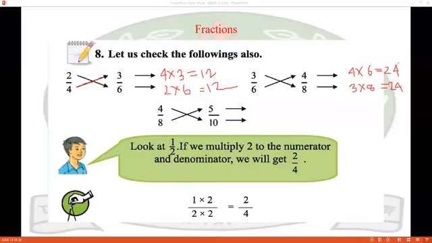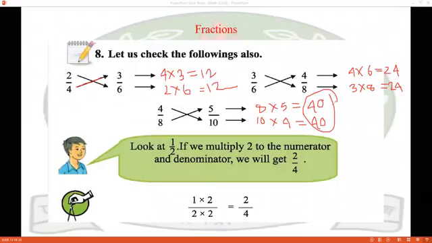So the two values are equal, so the two fractions are equivalent. In the third fraction, we have to multiply 5 and 8. So 8 into 5, we get 40. When we multiply 4 into 10, we also get 40. So the two multiplication results are the same. So the two fractions are equivalent.